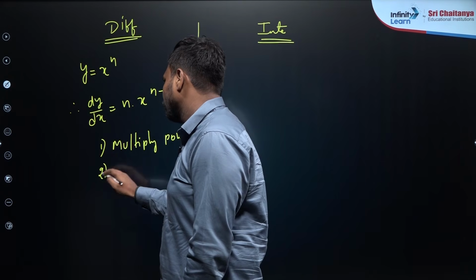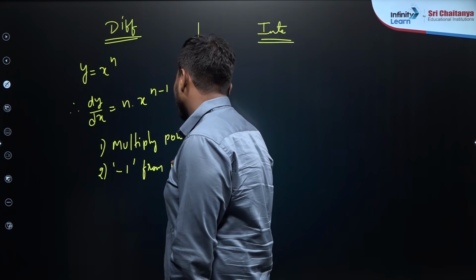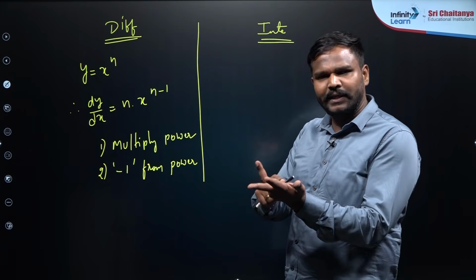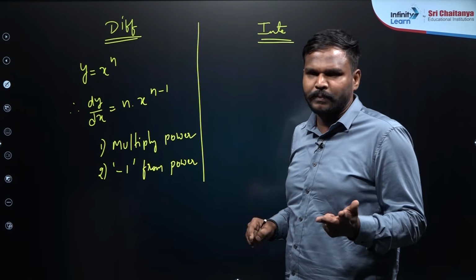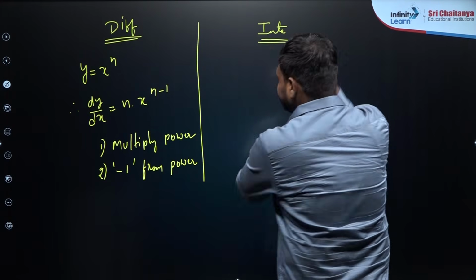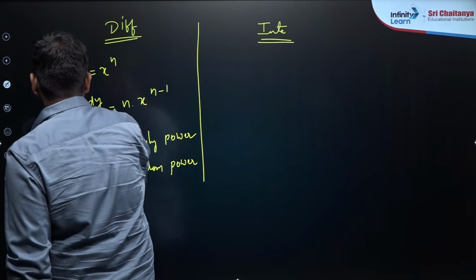Next, I am subtracting 1 from the power. So I am doing two things: multiply the power, subtract 1 from the power. Then whatever value comes is the input for integration.